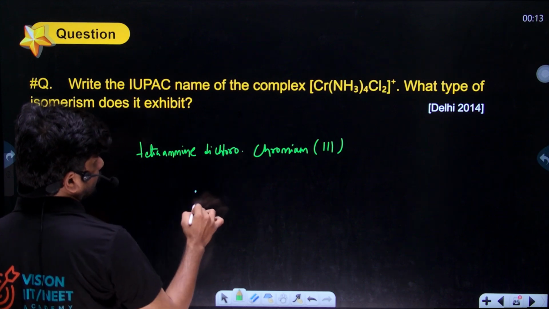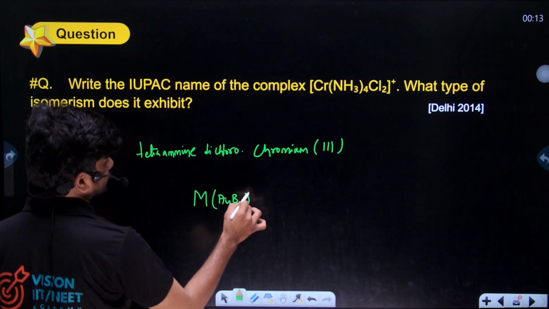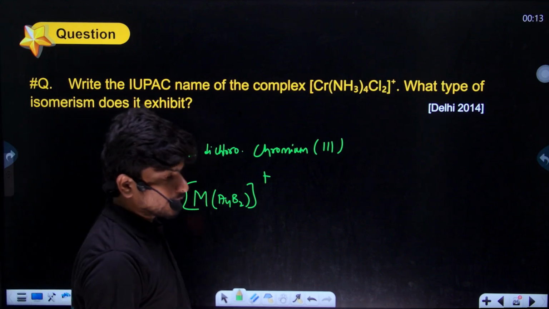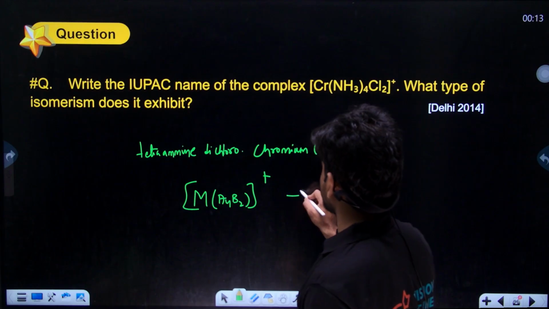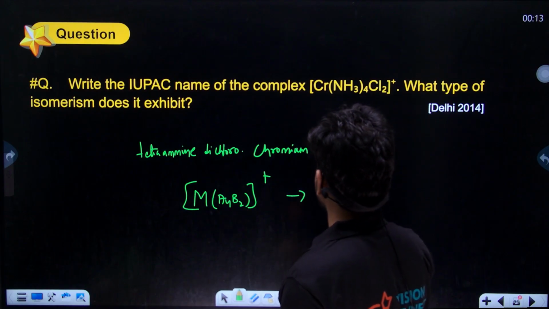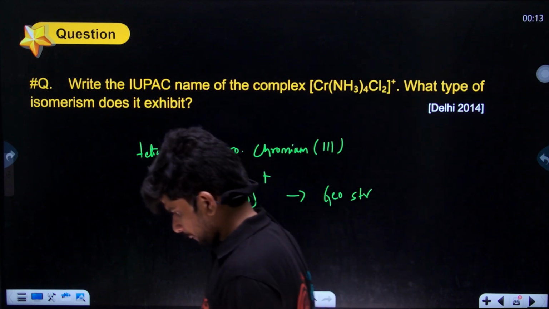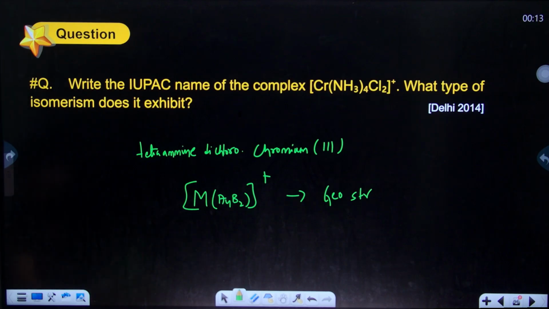So you have a compound like this, MA4B2. This is how your compound is. This type of compound exhibits geometrical isomerism. Geometrical isomerism. So you will be seeing it as. Okay. Please have a note of this. We'll be discussing about these isomerisms next.